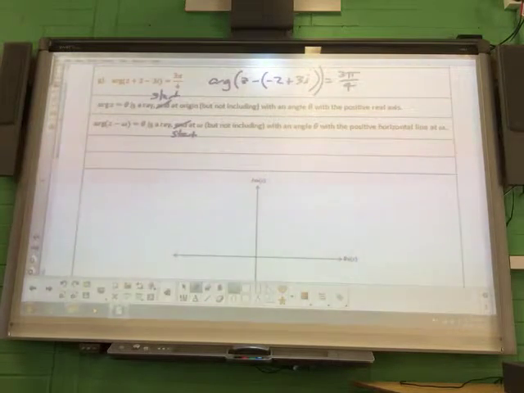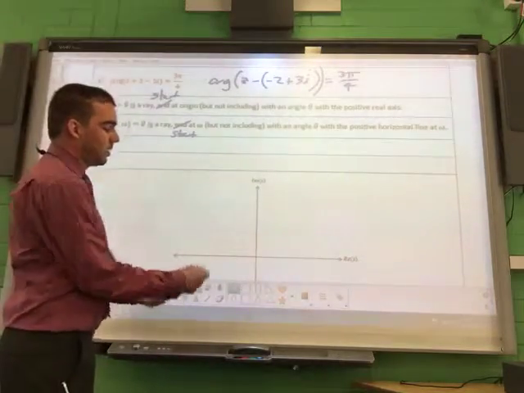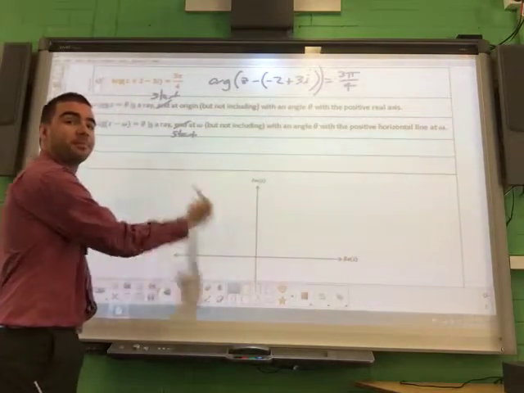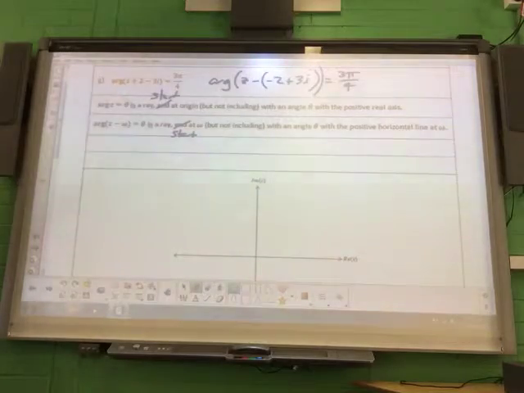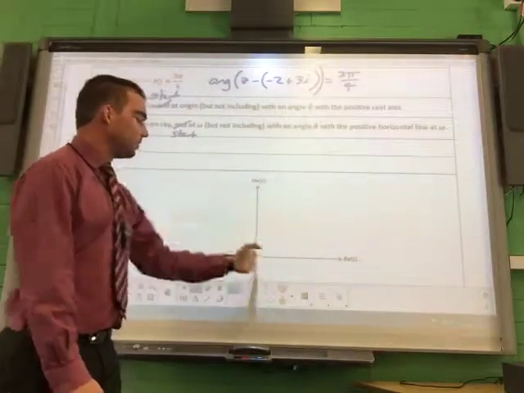So what is the degrees for 3 pi on 4? In other words, it's going to be in the second quadrant, halfway through. Because pi on 4 is 45, so you're going to have 45, 90, 135.